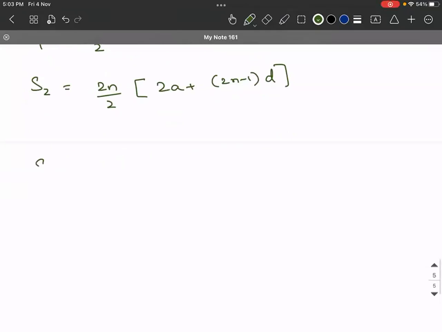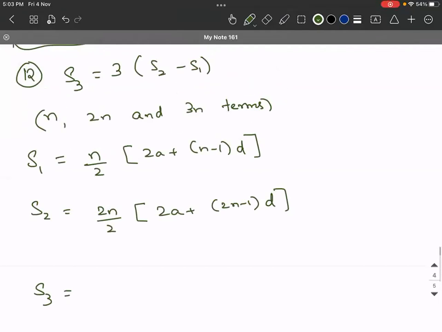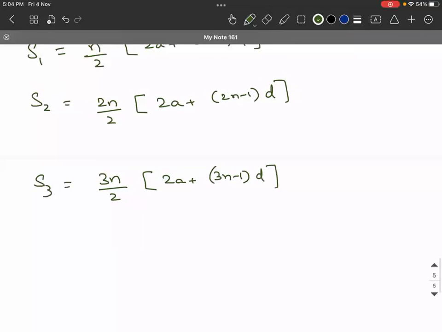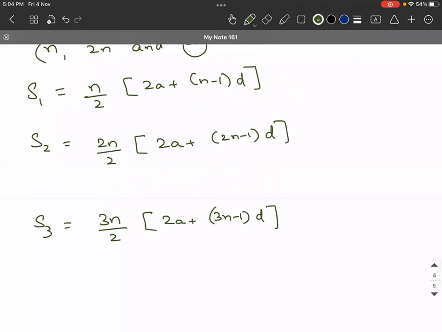What is S3? 3n terms, no? So 3n divided by 2 into (2a plus (3n minus 1) into d). If you guys confirm that this step is clear, I'll proceed to the next step. Shall I?